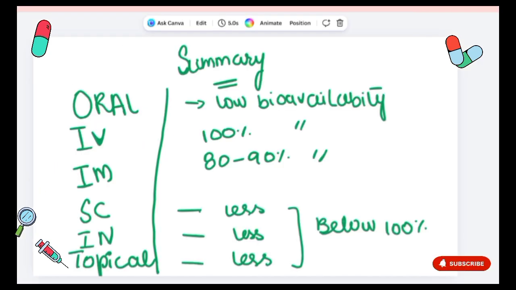As we know, oral drug administration has low bioavailability. IV has 100% bioavailability. IM has 80 to 90% bioavailability, and all the other routes, topical, subcutaneous, intradermal, etc., have lesser bioavailability than 100.